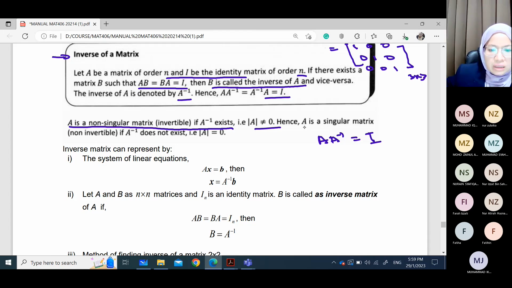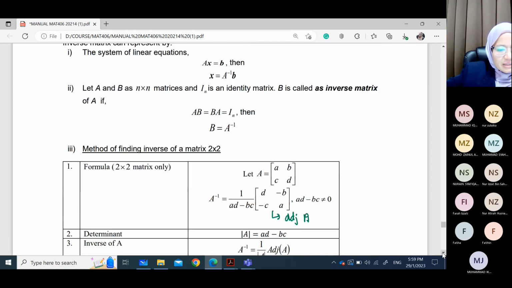So kalau untuk singular, A is a singular matrix or non-invertible if A inverse does not exist. Maknanya dekat situ, matrix tu tidak boleh, it cannot be inverse. It can't be inverse. So ia adalah singular. Itu masuk singular and non-singular. Okay, faham eh? Alright.